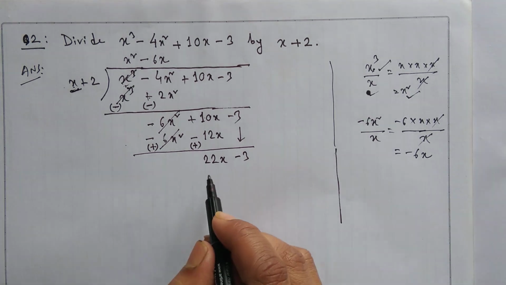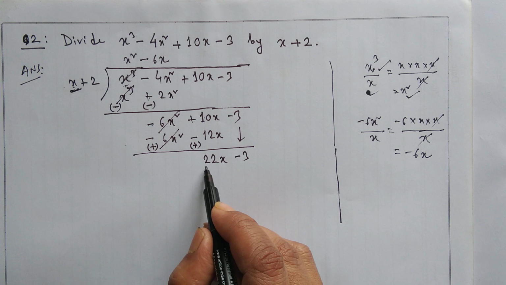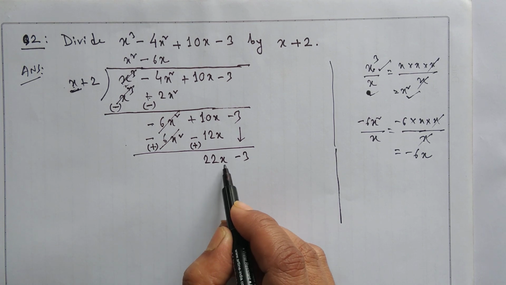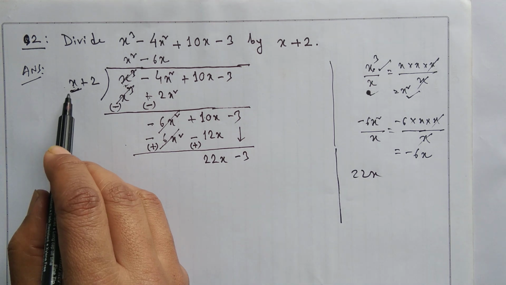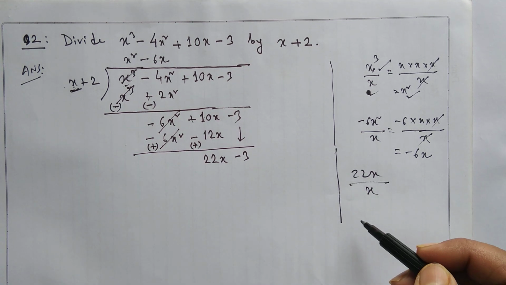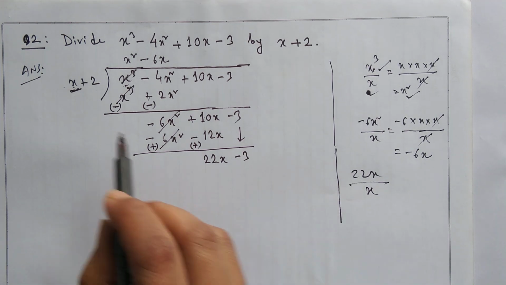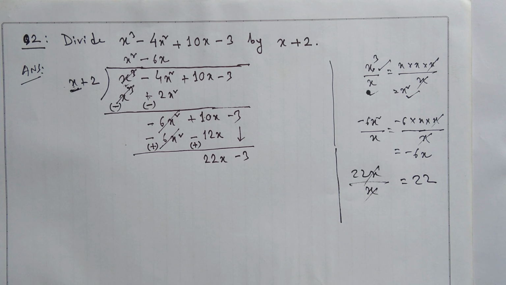Then next, the first term of the dividend which is left now is 22x. You need to try to divide by what? By x. Always the first term. Now 22x divided by x, x gets cancelled. What is left? 22.